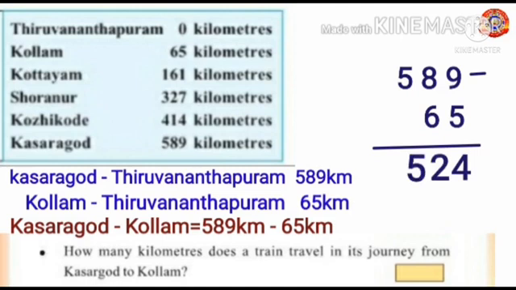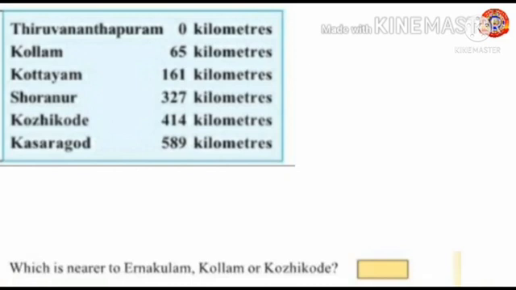And 5 is here. 524. Therefore, how many kilometers does a train travel in its journey from Kasaragod to Kollam? 524 km. Which is nearer to Ernakulam, Kollam or Kozhikode?